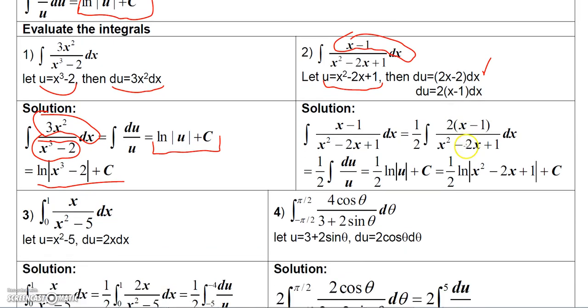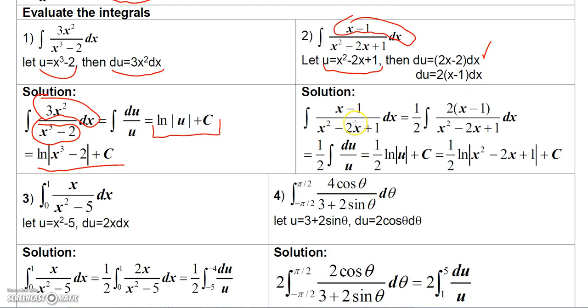Okay, so what I can do is take this integral and multiply on the inside of the integral by 2. That way the 2 times x minus 1 dx becomes the du, and then I can apply the formula for du over u. Now remember though, when I put a 2 on the inside, I have to put a 1/2 on the outside.